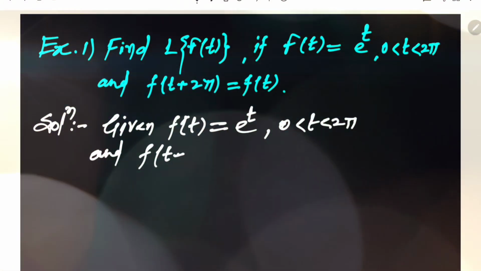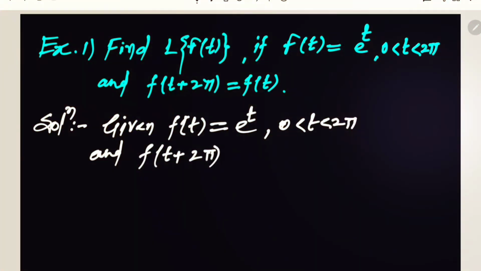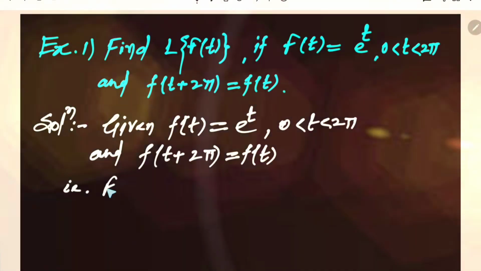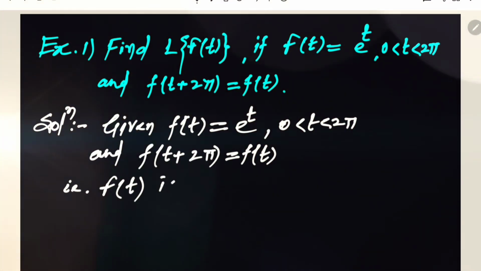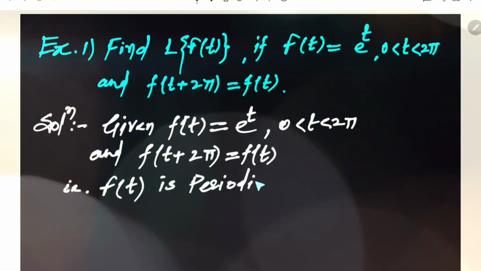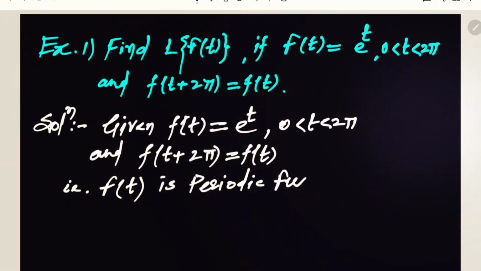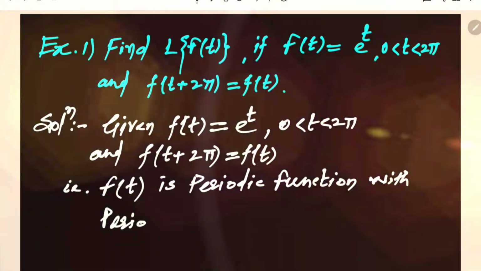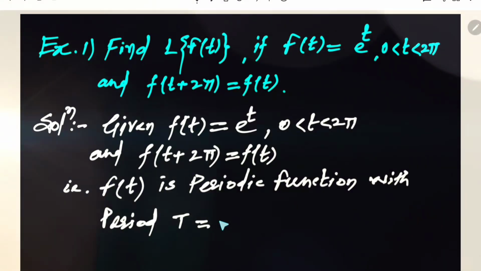Laplace of f of t is equal to 1 upon 1 minus e raised to minus sT. f of t is the periodic function whose period is 2 pi, so its Laplace transform is obtained by that formula.